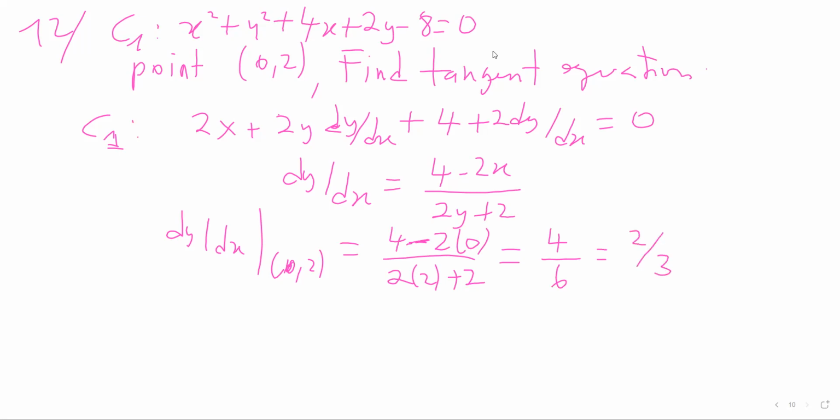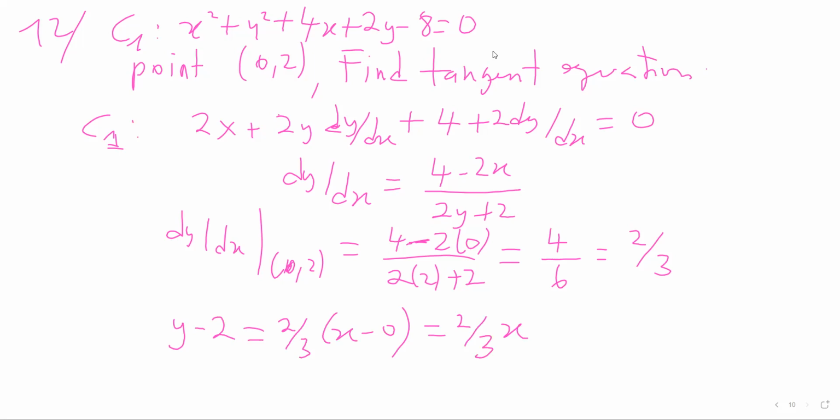So now we know the gradient of the line. So we can find the equation of the line that passes through that point. So it is y minus 2 is equal to the gradient times x minus 0, which is the same as 2 over 3 of x, right?